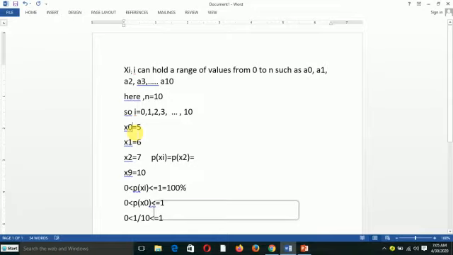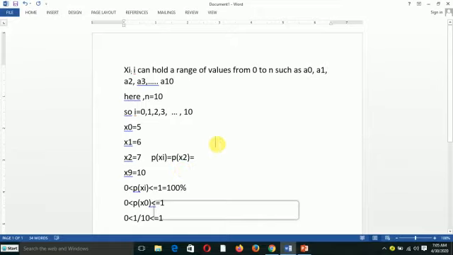The probability of getting value 1 is 1 out of 10. The probability of having x9 is 1 out of 10. If we add them, it will be 10 out of 10.